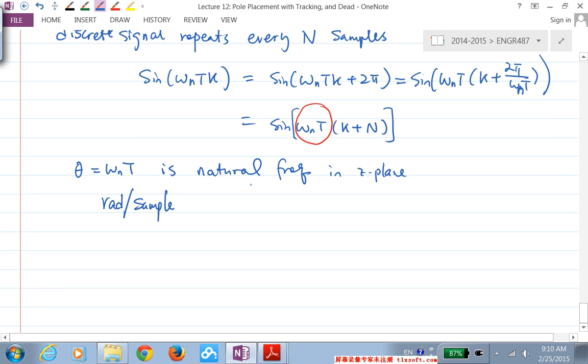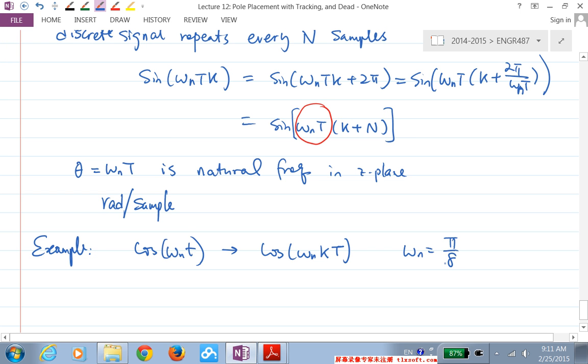Let me give you a diagram to give you some sense of the sampling. Let's see an example. I'll use cosine instead of sine in my graph. Here's my continuous signal, cosine omega n t, and we're sampling it as cosine omega n k T. Let's say omega n is pi over 8, the natural frequency of the continuous signal.